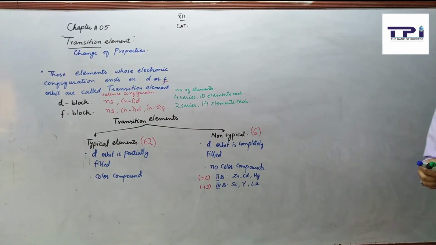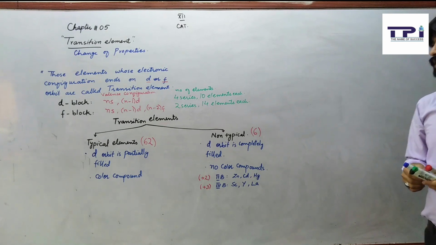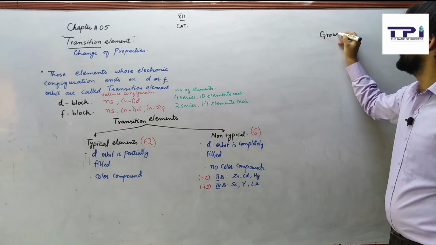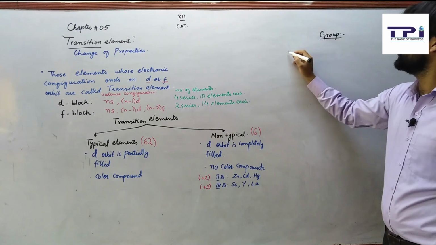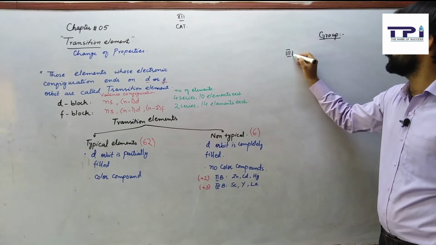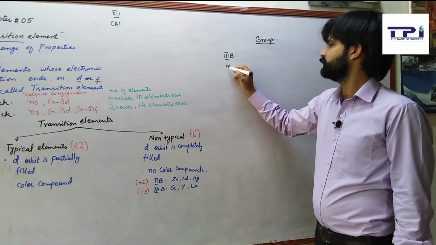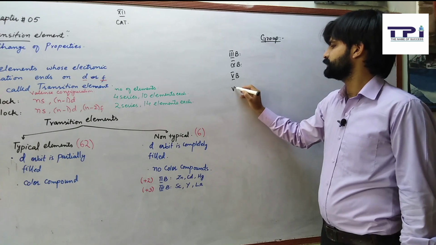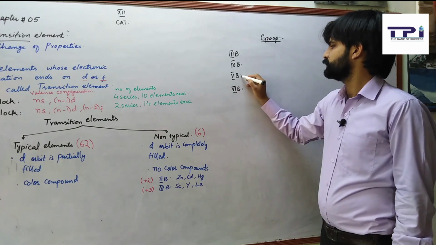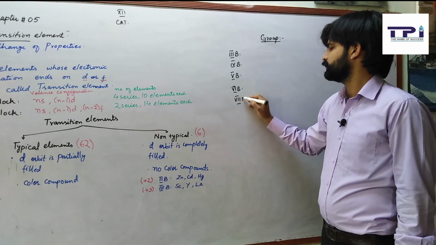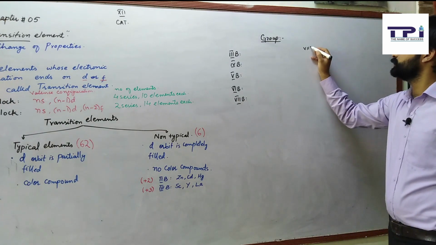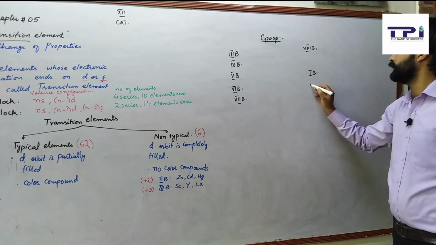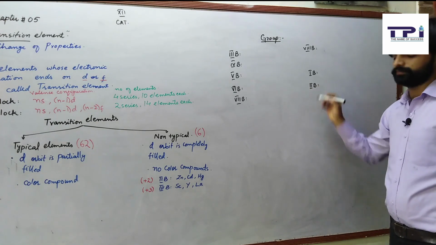Further, we can categorize transition elements also in group. If we are going to discuss group wise, you will have 8 groups: 3b, 4b, 5b, 6b, 7b, 8b, then you have 1b, and at last you have 2b.